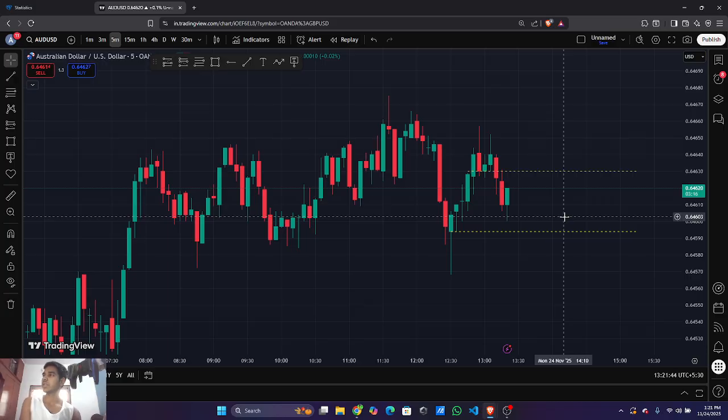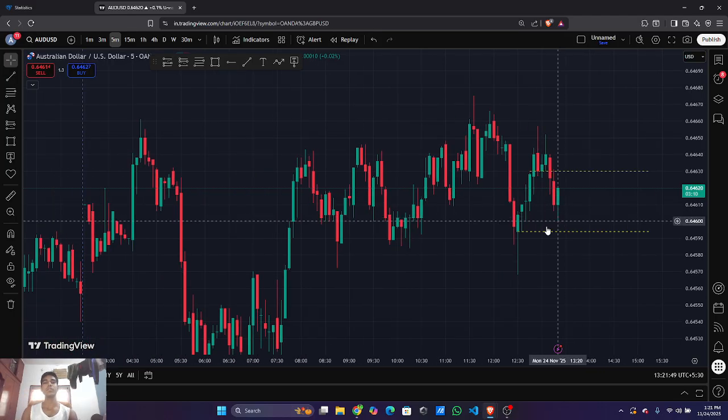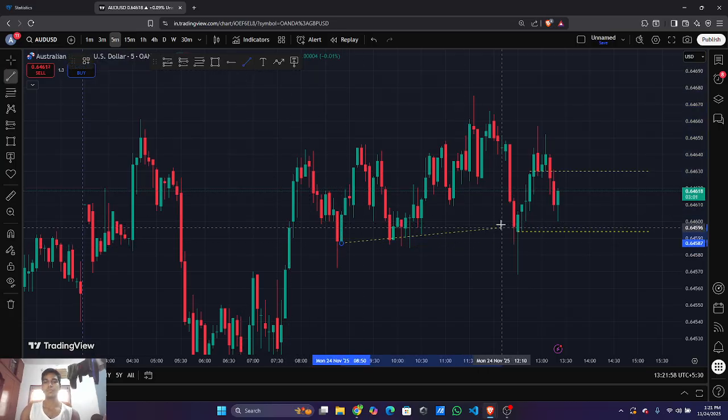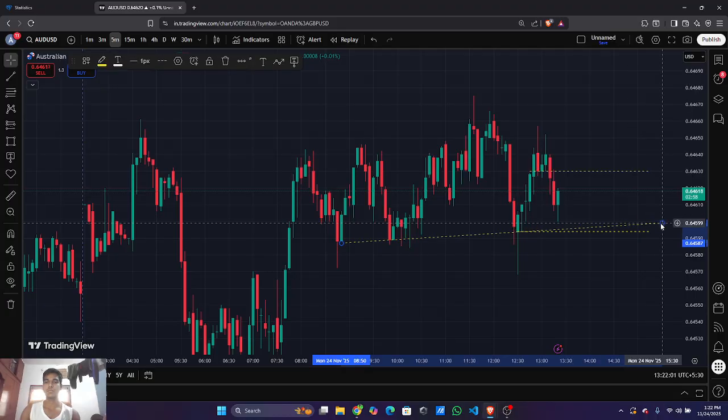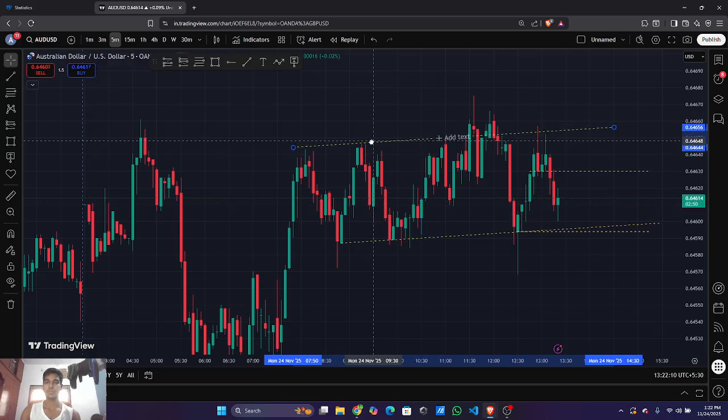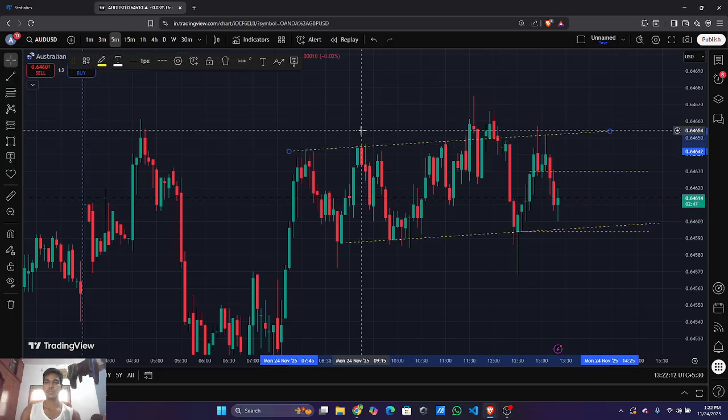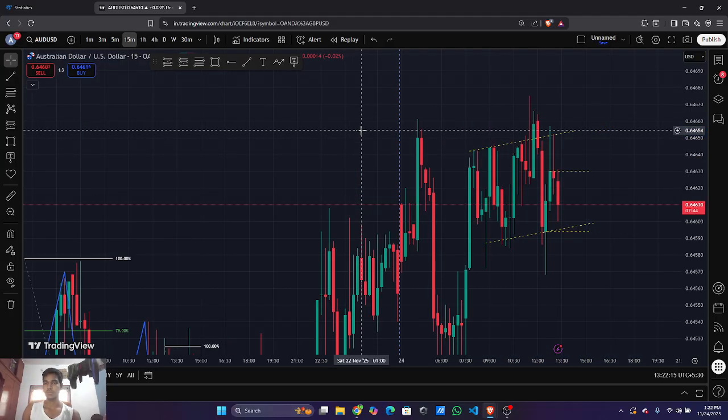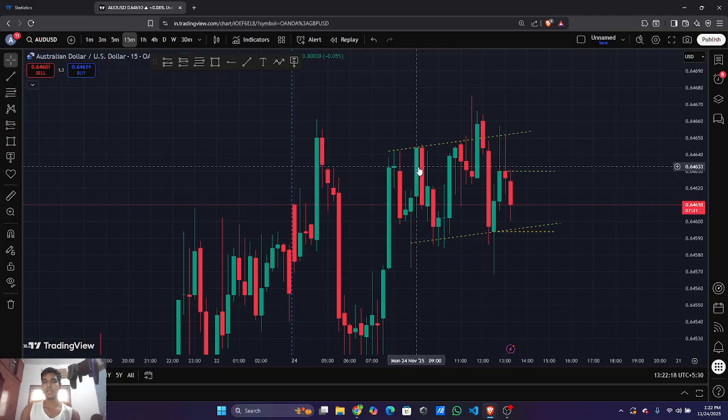It is a little confusing. So okay, here you can see it gave a false breakout and then reversed, came to the lower end of the zone.